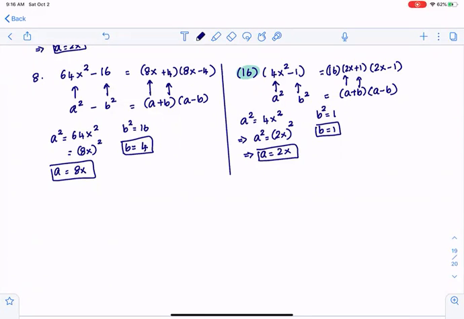We would definitely want to go for 16 times 2x plus 1 times 2x minus 1, because the more factors or the more factorable form that I have for an expression, the better it is in mathematics. So sure, 8x plus 4 times 8x minus 4 is factorable. 16 times 2x plus 1 times 2x minus 1 is just better in terms of factoring.